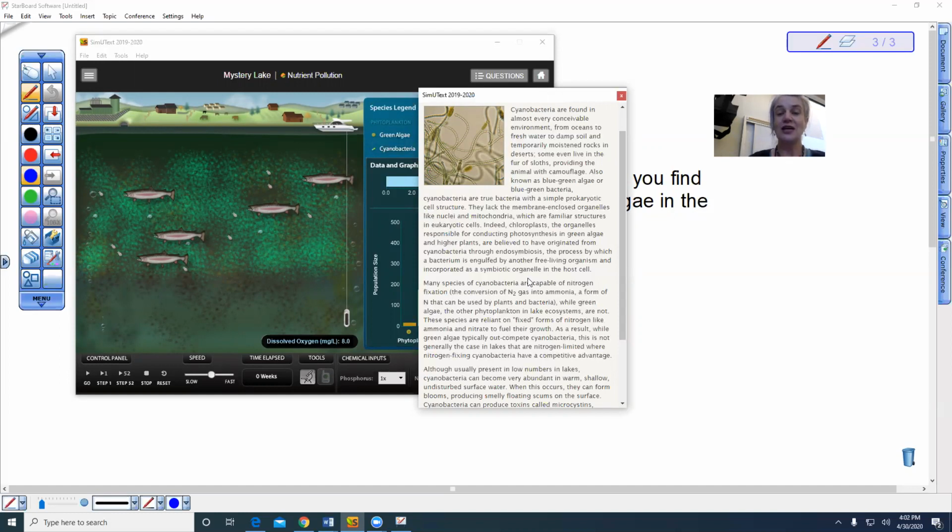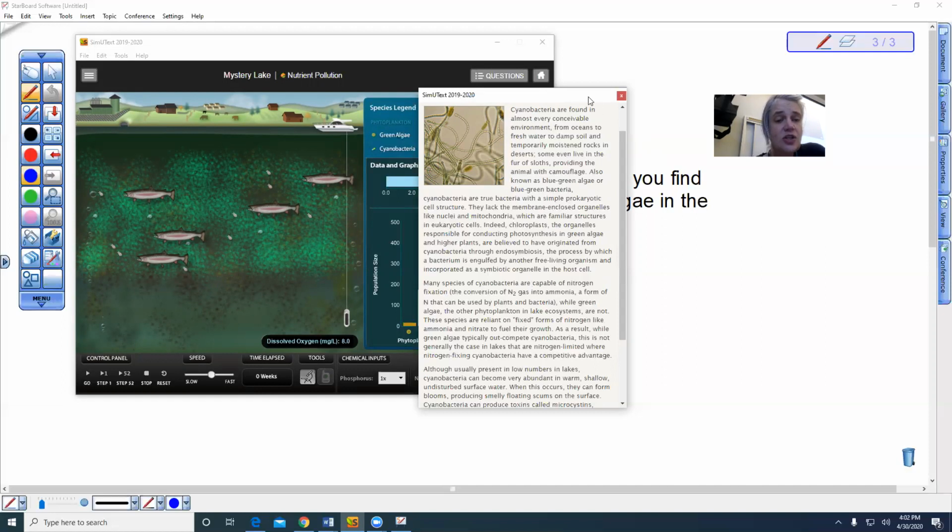When you're a nitrogen fixer, you can actually take nitrogen out of the water, out of the air, out of the atmosphere, and incorporate it. So you are not limited. Nitrogen is not a limiting resource. So right there, I think if there was phosphorus, but very little nitrogen, the cyanobacteria would outcompete the regular green algae.